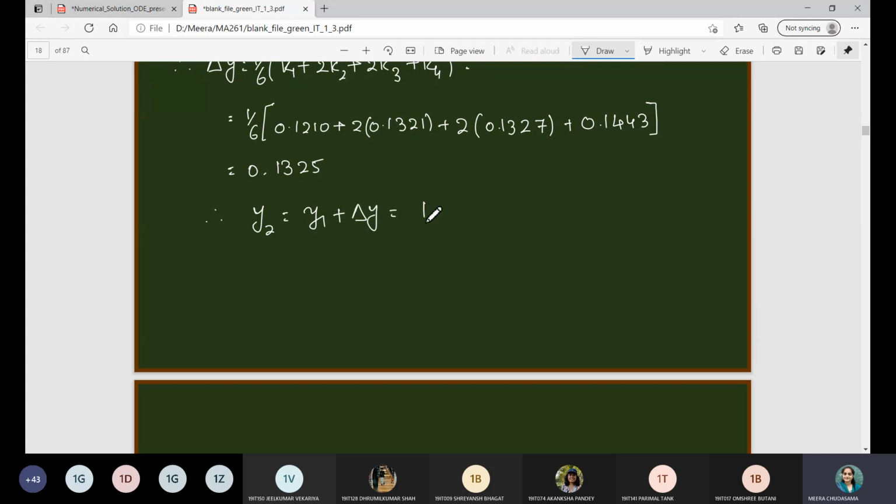Y1 we have 1.1104 plus this increment, that means what it will be? 1.2429. Yes, 1.2429, right?